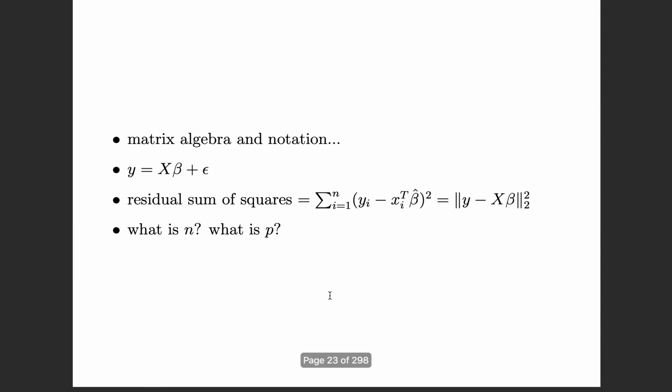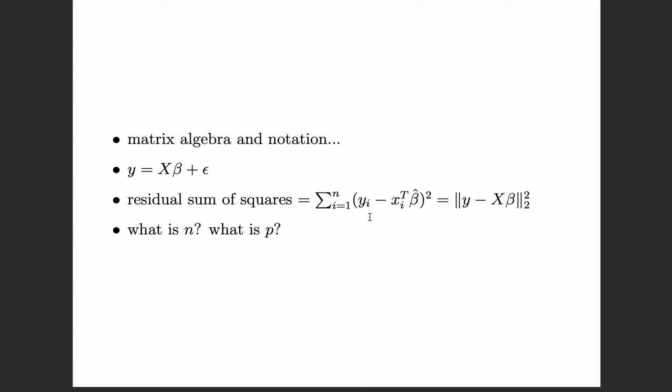And when it comes to linear regression, just as an example, linear regression essentially says that the response is X, the matrix, times the vector beta plus this vector epsilon, which is the noise. And how do we measure the closeness?